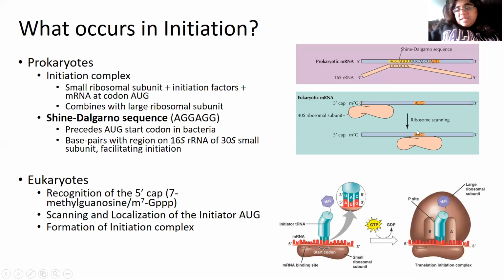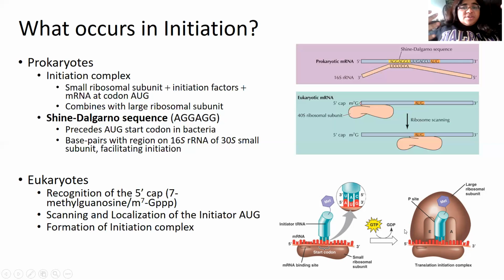And recognizing the start codon, it kind of brings in what is called methionine. AUG is our codon for starting, and then everything kind of initiates that.